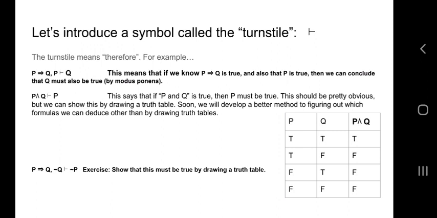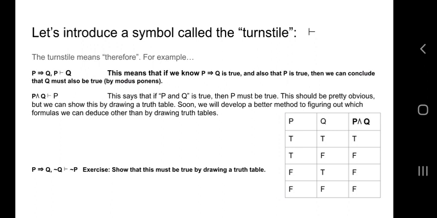And now here is an exercise for you. If you start with the formula P implies Q, and you also have that the formula not Q is true, can you deduce the formula not P? So the exercise for you now is to show that this must be true by drawing a truth table.